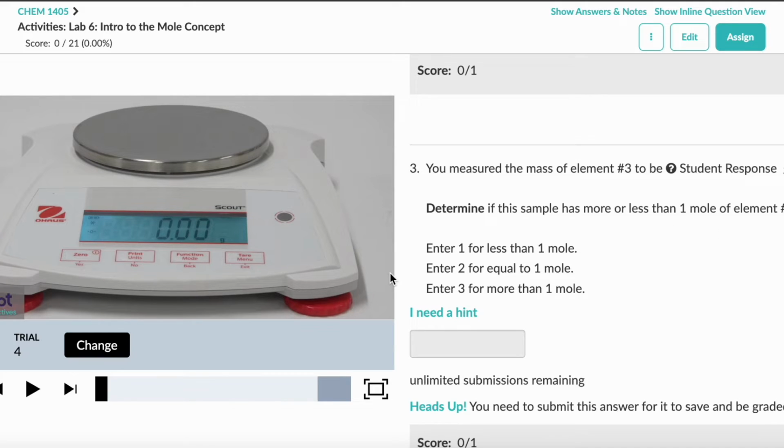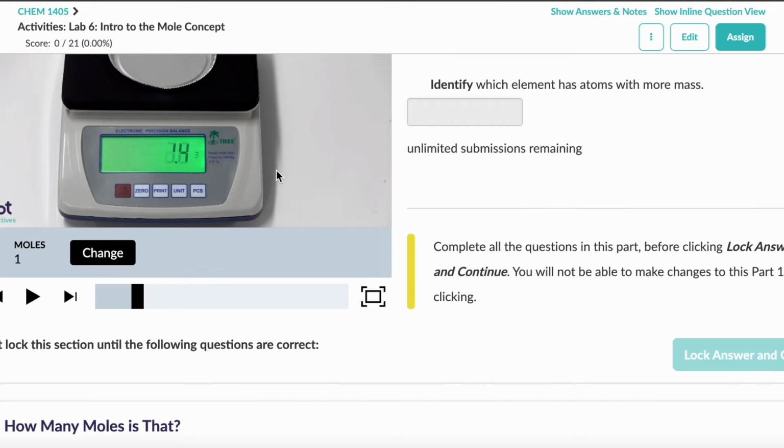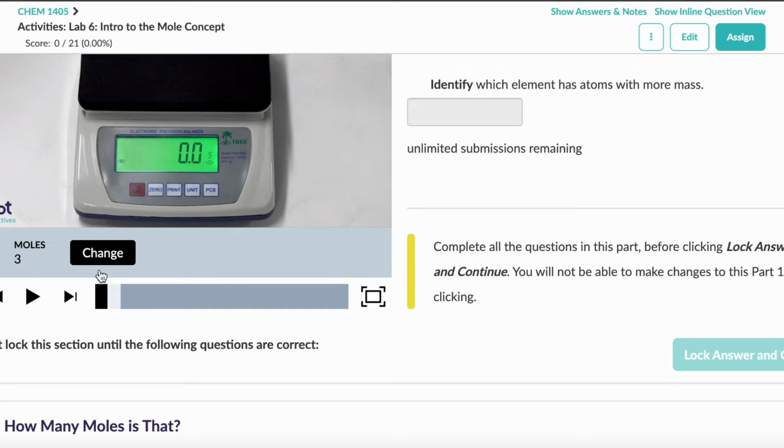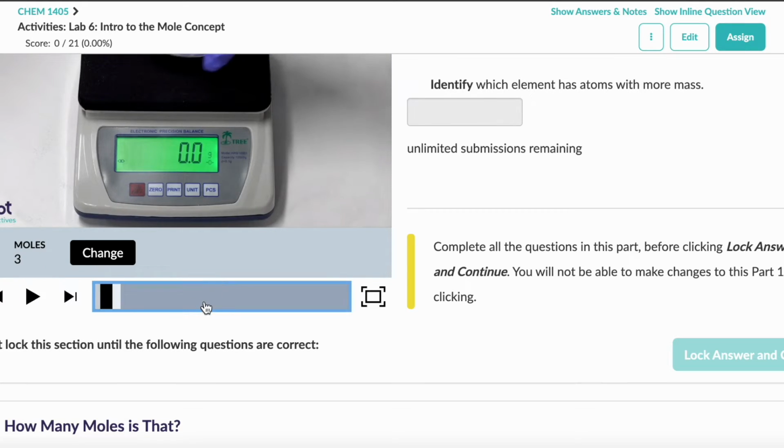So in part 1, you had the number of moles, the exact number of moles for every element. So you know that for element 1, 3 moles, it's a certain weight, right? It's whatever it happens to be.